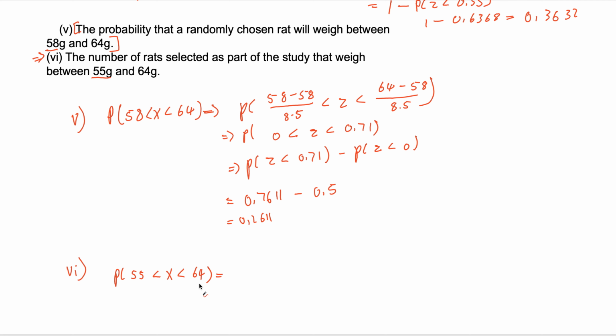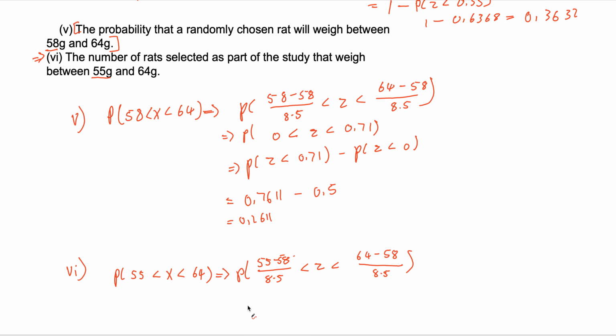You basically have to transform it first, which is 55 minus 58 divided by 8.5 less than Z less than 64 minus 58 divided by 8.5.